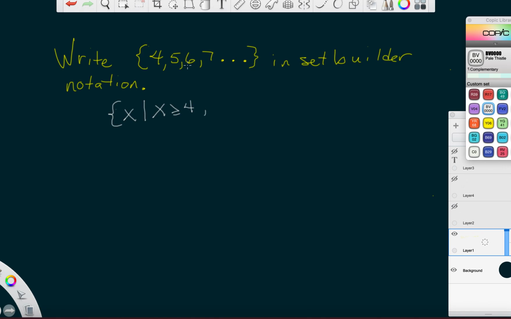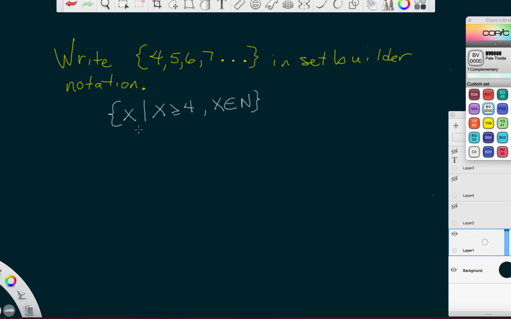And what types of numbers are these? These are those whole counting numbers, and we don't have a 0 here, so instead of using whole numbers, we're going to call them an element of natural numbers, okay? And as always, after we talk about what types of numbers they fit into, we close it with another brace.